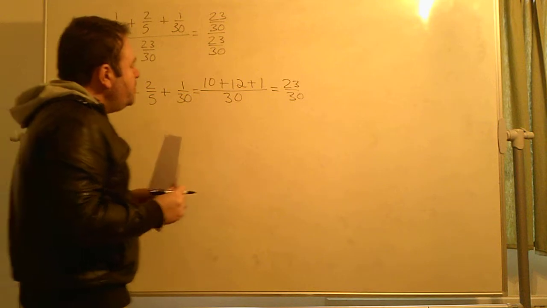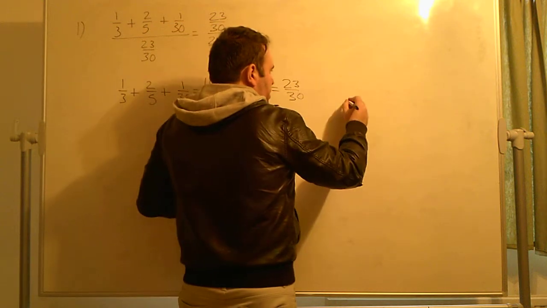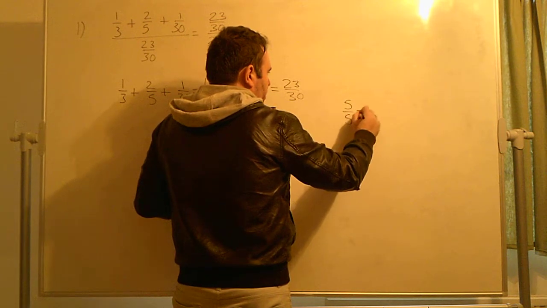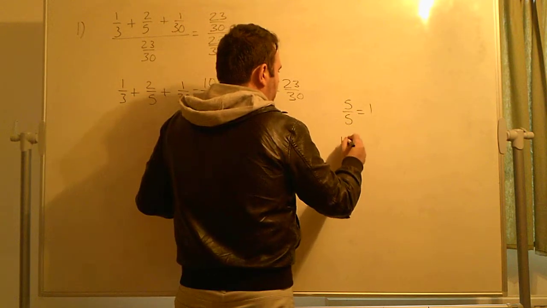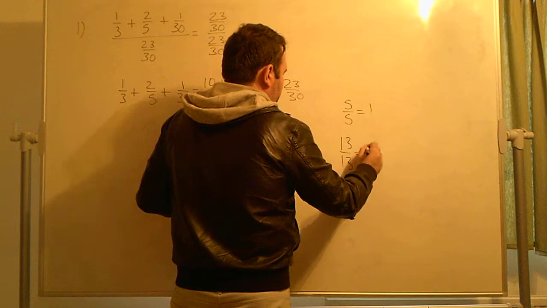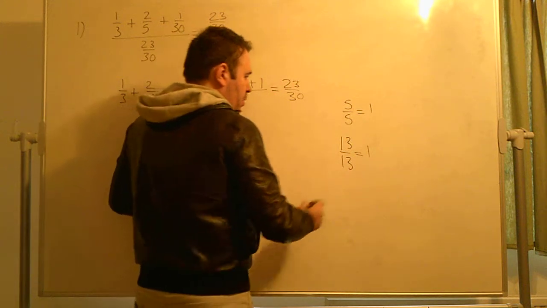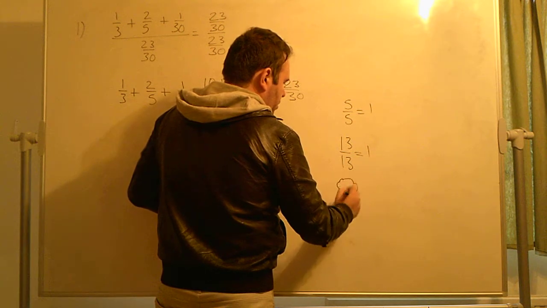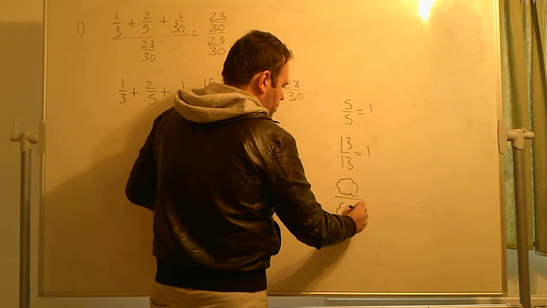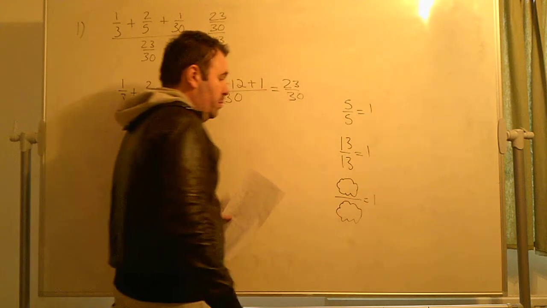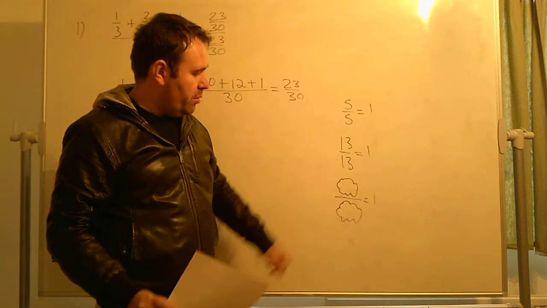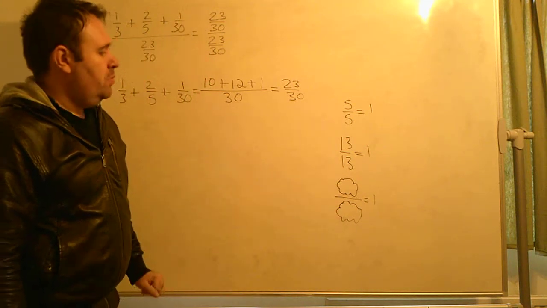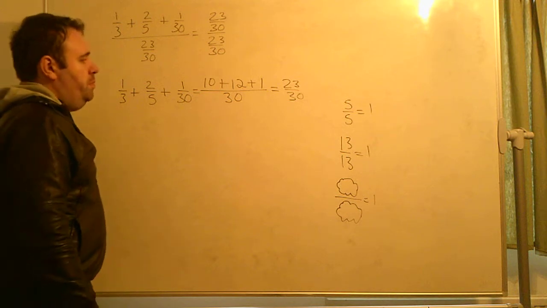Now, how much is it? 5 divided by 5? 1. Yeah. 13 divided by 13? 1. A cloud divided by a cloud? 1. I mean, as long as the numerator is equal to the denominator, the result is going to be equal to 1.